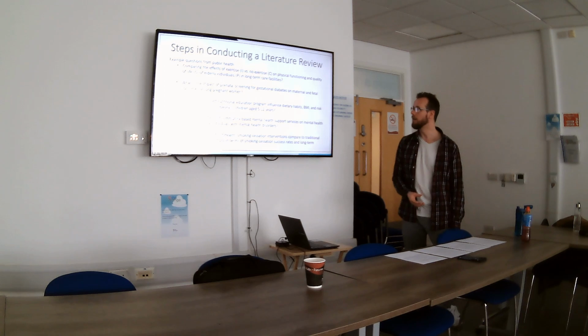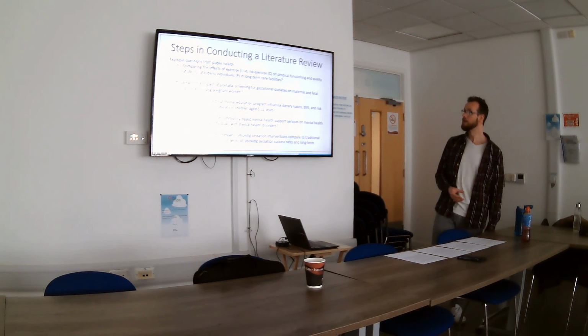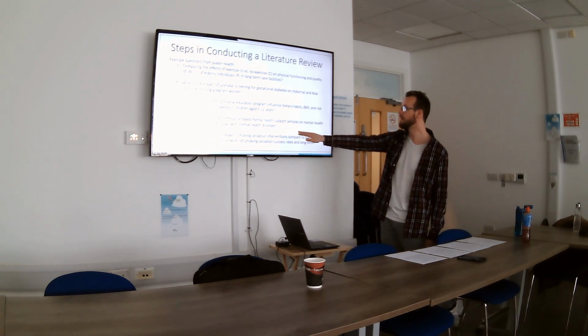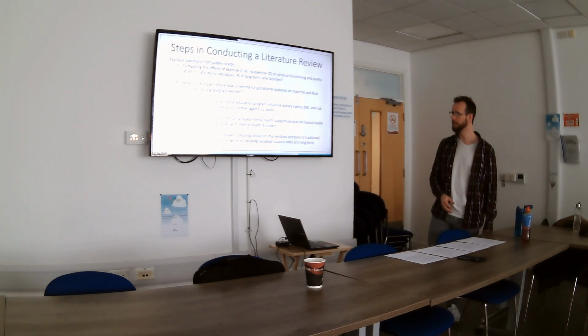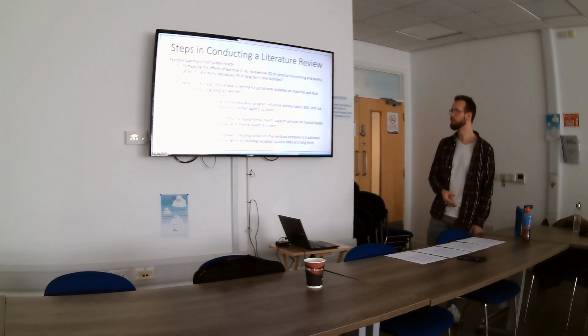Another example: what are the effects of community-based mental health support services on mental health outcomes among individuals with mental health disorders? Again, we have population, outcomes, which is quite generic in this case, and the effects of community-based mental health support services, so you have the intervention.